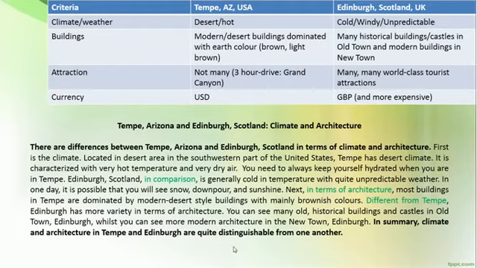While you are perhaps reading with me, you see that in the paragraph here, I try to compare the cities of Tempe and Edinburgh in terms of only 2 criteria, climate and buildings.